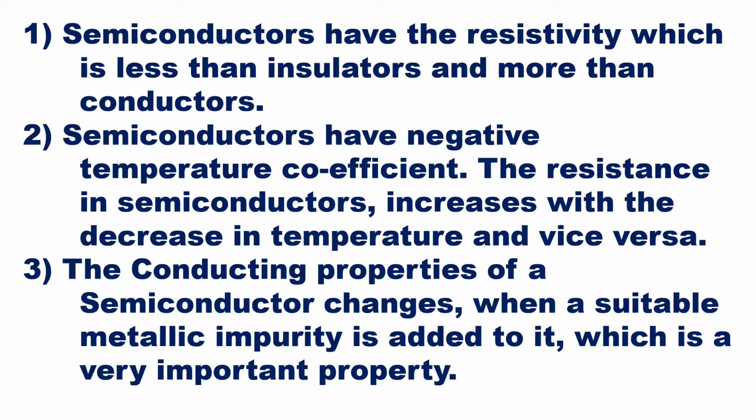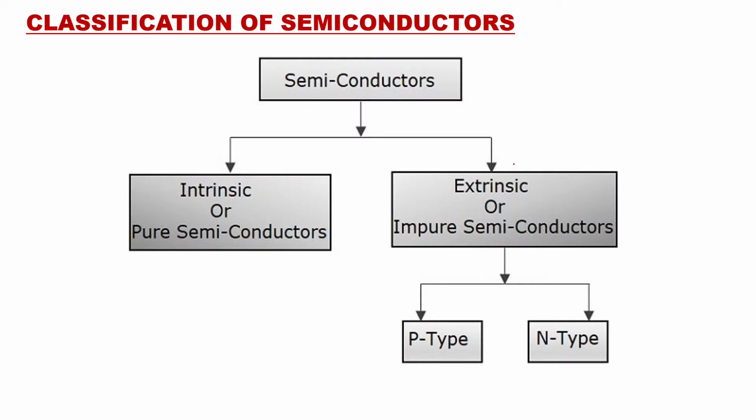So there we come to the concept of classification of semiconductors, where the pure semiconductor is intrinsic semiconductor, and the impure one, where a suitable impurity is added, is called extrinsic semiconductor. Then, as we have told earlier, we will see the classification.